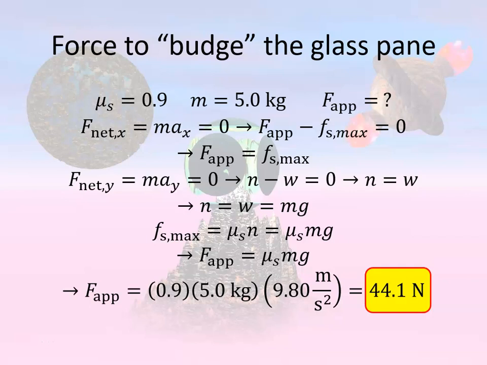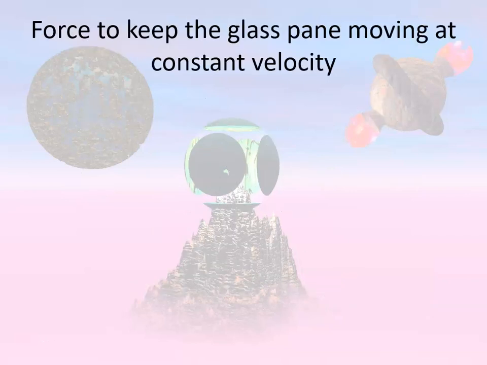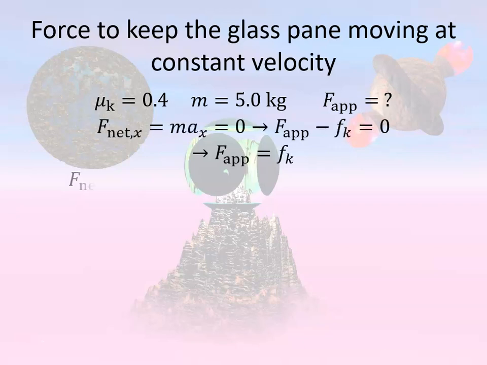What about the amount of force necessary to keep the glass pane moving after you've already dislodged it, moving at constant velocity, that is? The coefficient of friction now is 0.4. It's the same analysis as before, so I'm not going to go through the details.